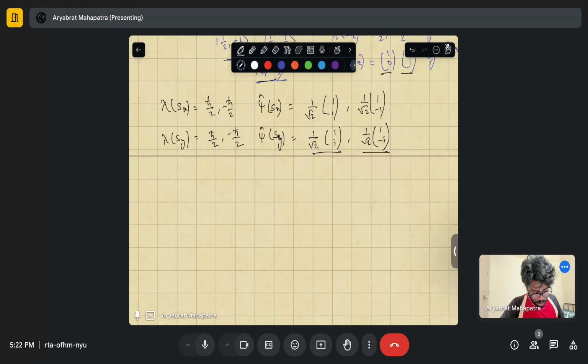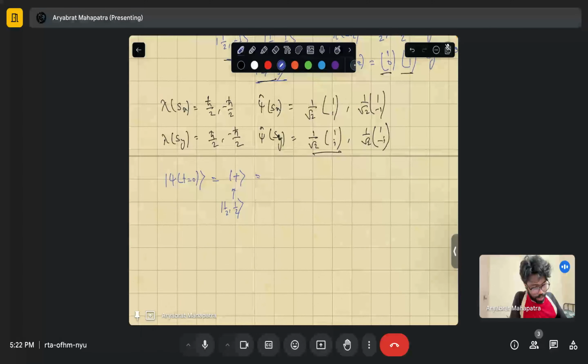Now at psi t equals 0, you have plus z. That means, as I said, this is your half state for spin of particle, and this is your eigenstate of Sz, but not the eigenstate of Sy.